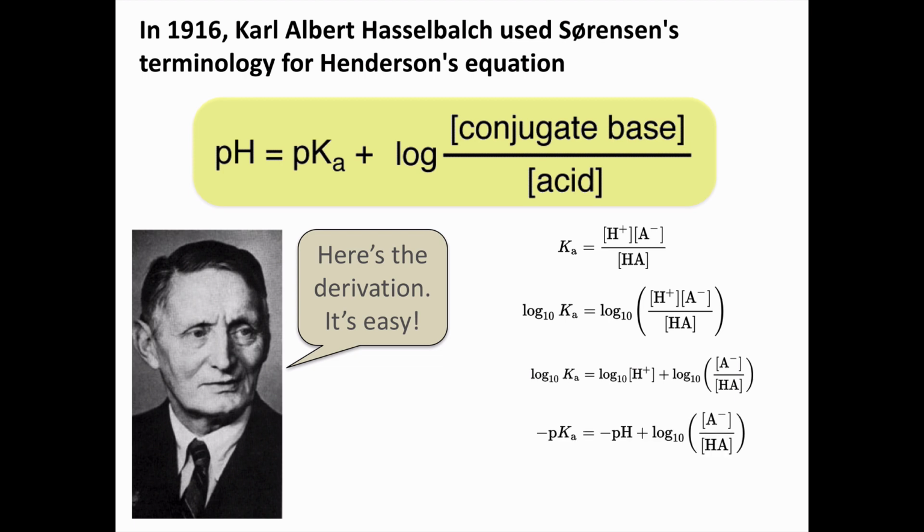Next, we apply the step from Sørensen where the P of anything is negative log 10 of that thing, replacing log 10 Ka with negative pKa and log 10 H+ with negative pH. Then we rearrange again to yield pH equals pKa plus log A- over HA, the Henderson-Hasselbalch equation.